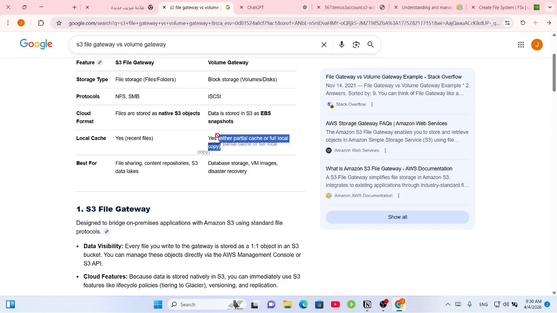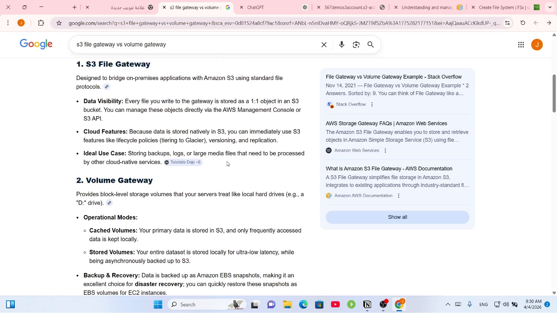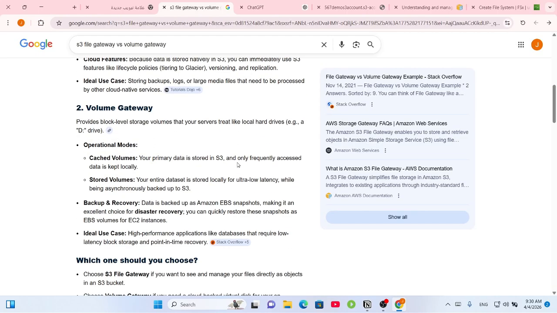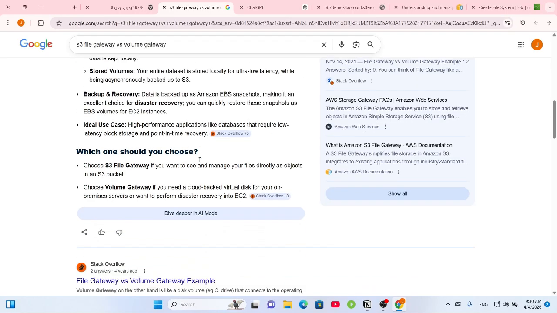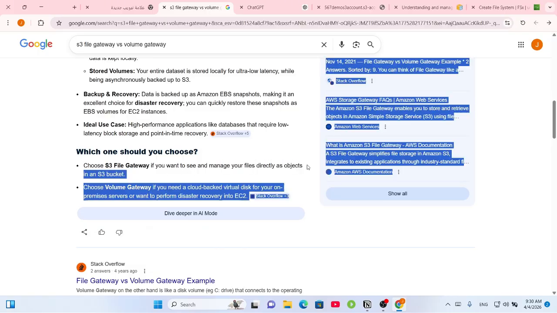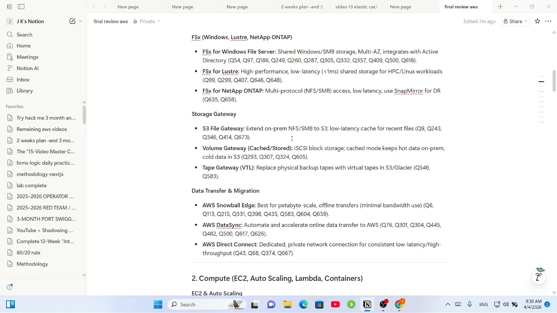You can have full cache or partial cache. Yeah, that's the difference between both.